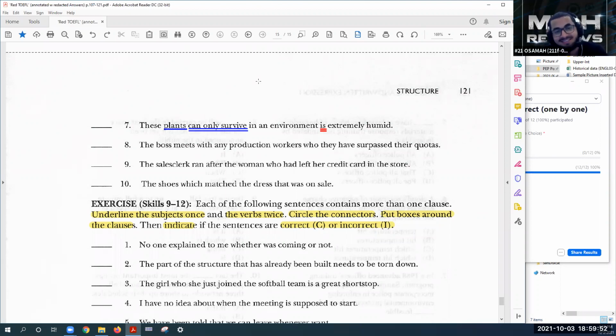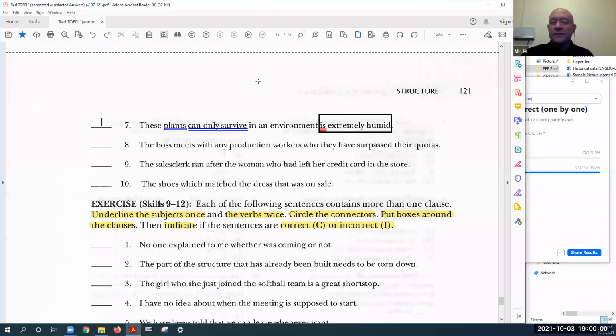So what's missing then? A second subject. Where do I put it? Exactly. That or which is extremely human.